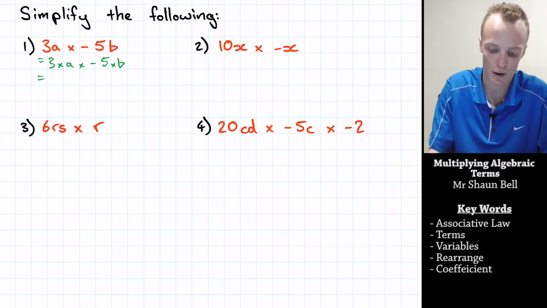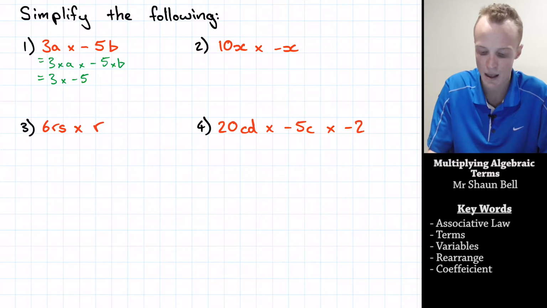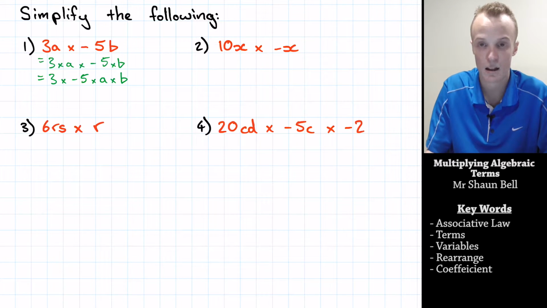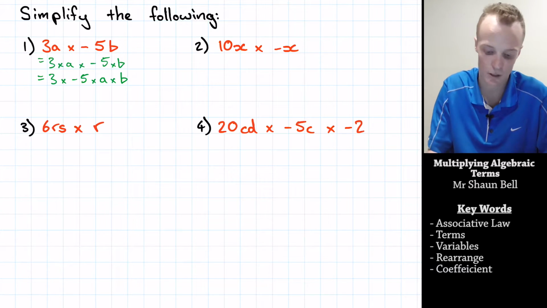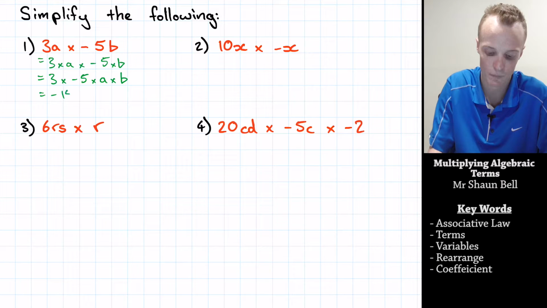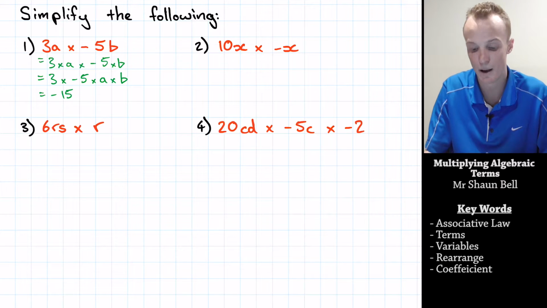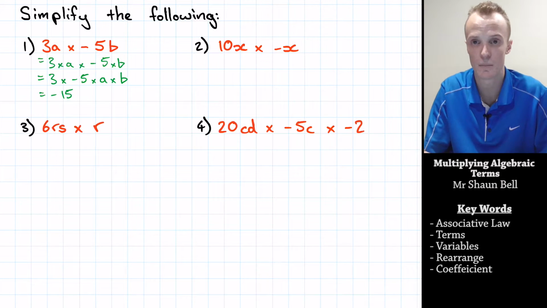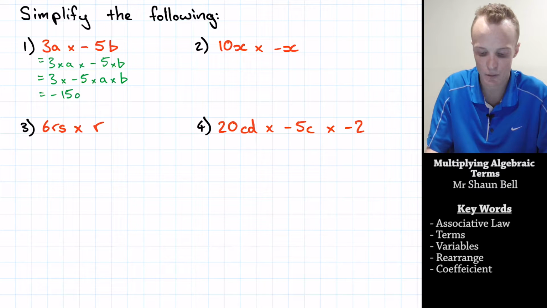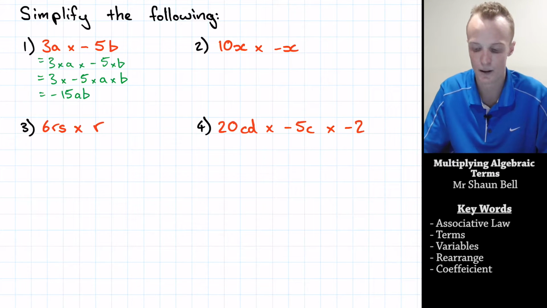So I'm going to rewrite it by grouping the numbers together, 3 times negative 5, and grouping the variables together in alphabetical order, so times a times b. Now I simplify the numbers, that's going to be 3 times negative 5, which is negative 15. And then that's going to be multiplied by a, multiplied by b, which is going to be ab. So this is going to be equal to negative 15ab.